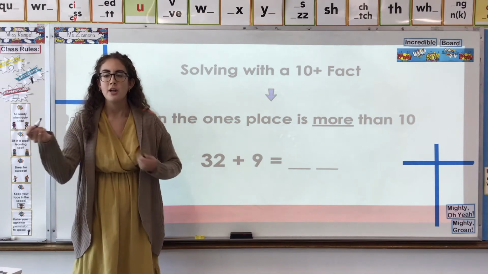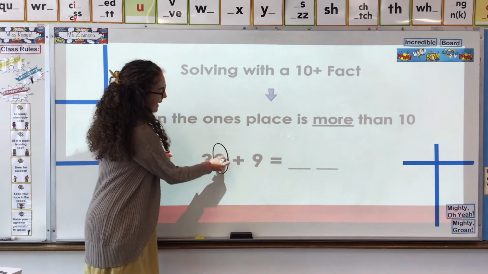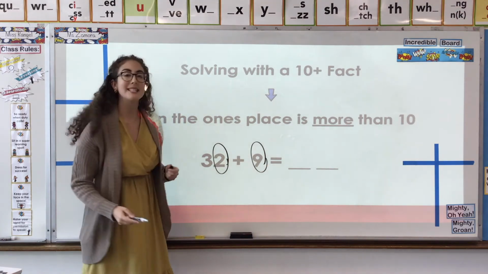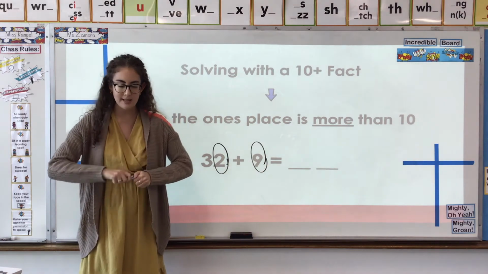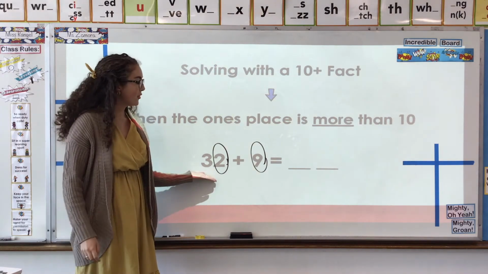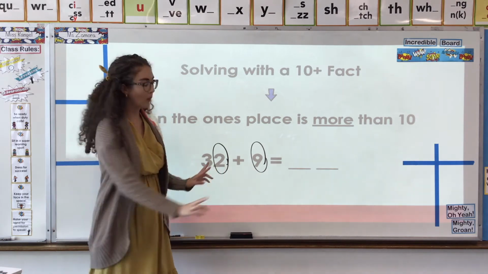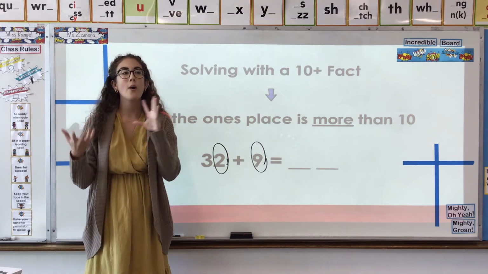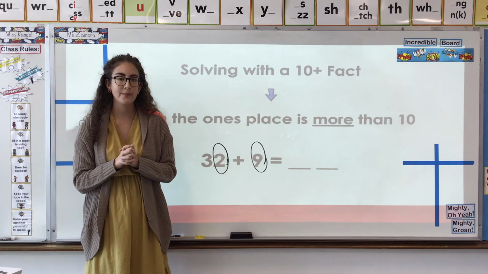So, just like last time, we had our 2 in the ones place, and if a number is by itself, it's always in the ones place. 9. When these ones come together, will they be more or less than 10?